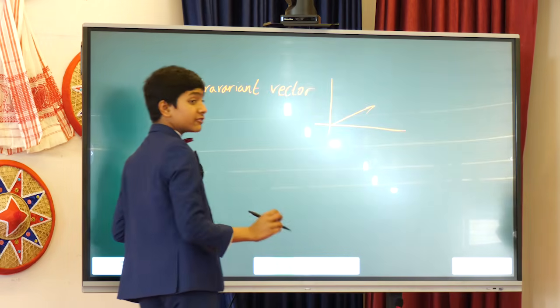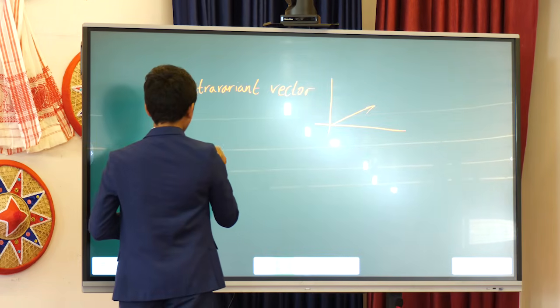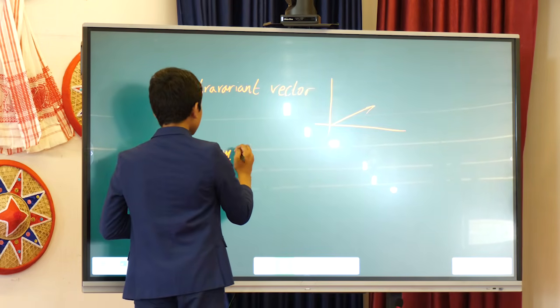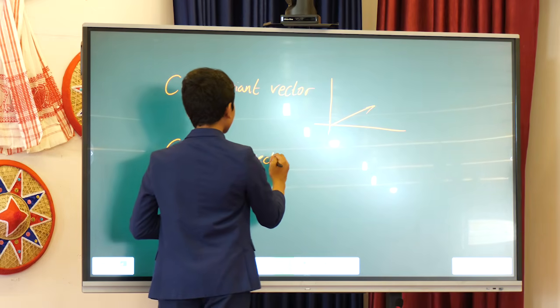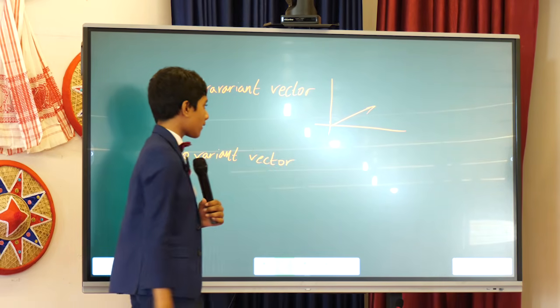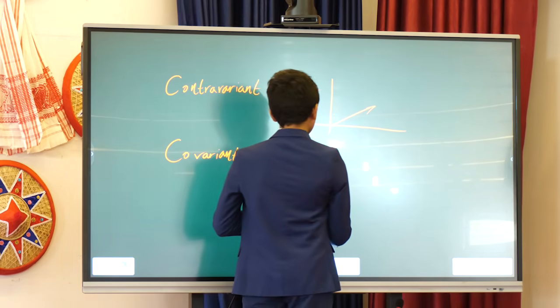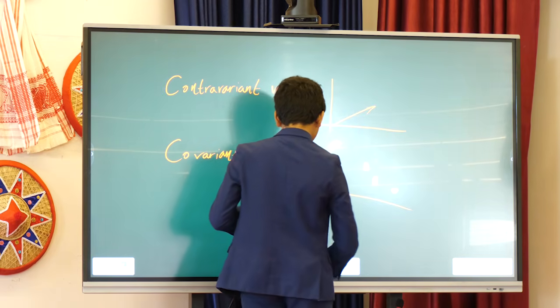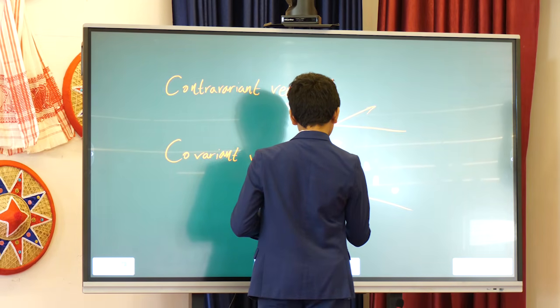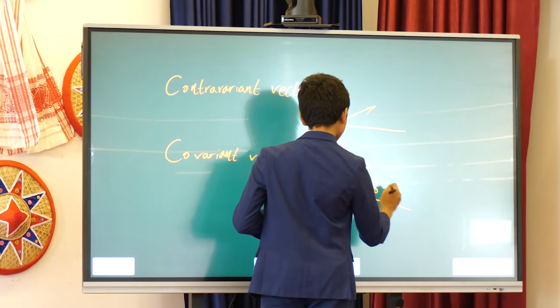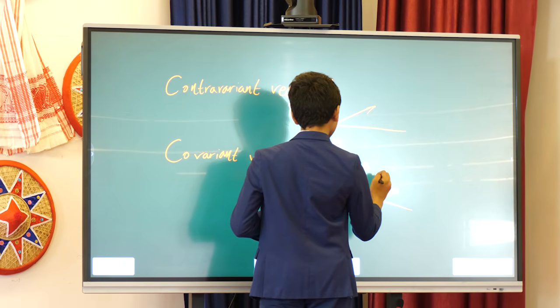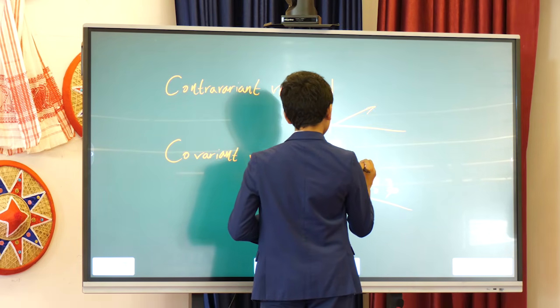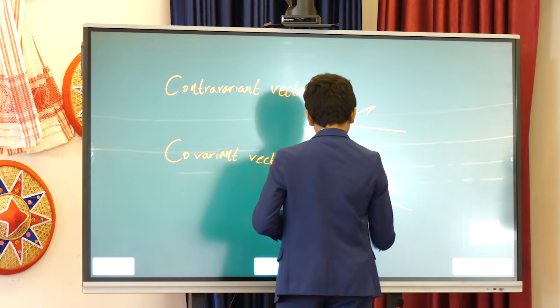And a covariant vector is essentially like taking the derivative of a scalar field. All that means is we have this field of numbers 1, 3, 5, 0, 7, 2, 6, 1, 4, 3, 1, 2, 3, 4, 5, and so on.